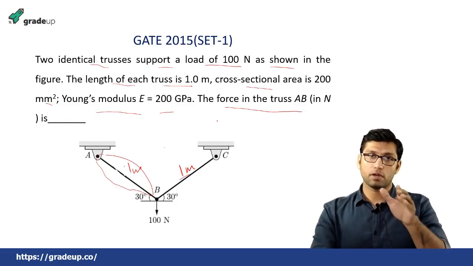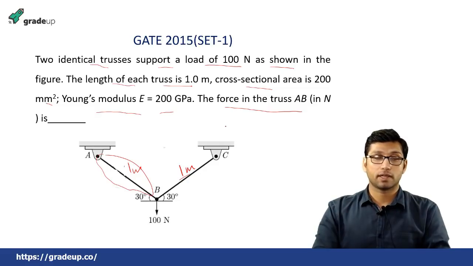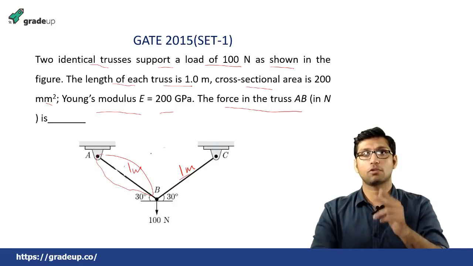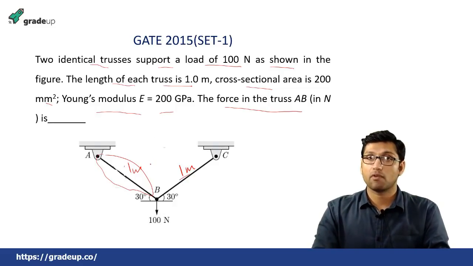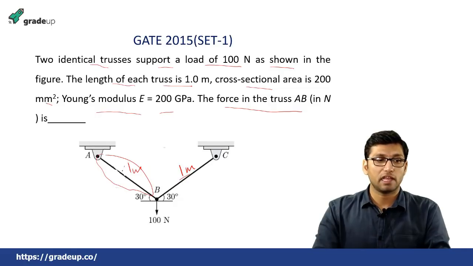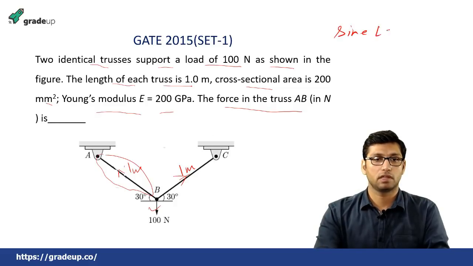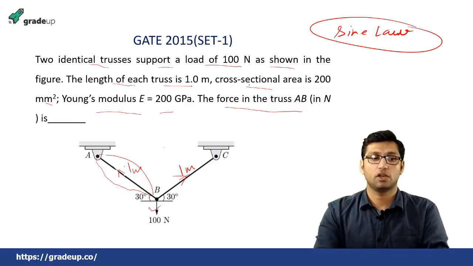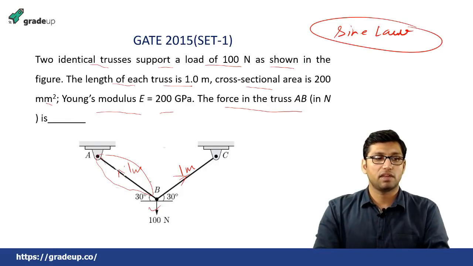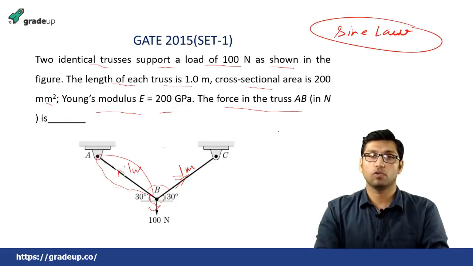If you remember, I have told you on the concept of trusses that there are two methods, either method of joint or section. But there is one more important method: if you know the value of these forces, you can easily find it by sine law. As you can see, there are three forces, and if we somehow find the angle between these forces, you can easily calculate the unknown force.